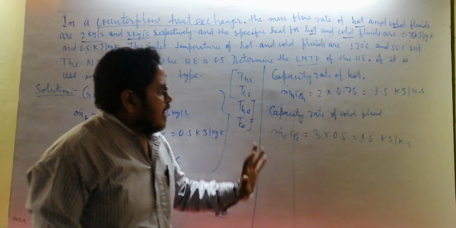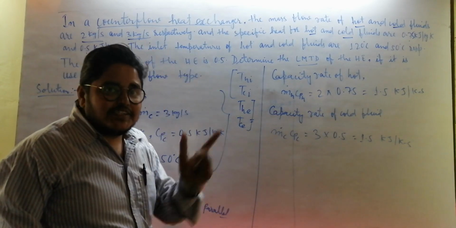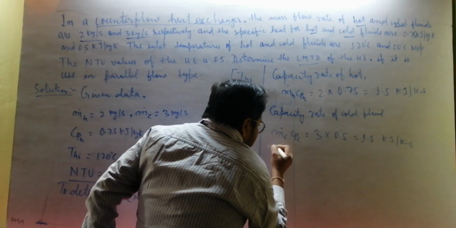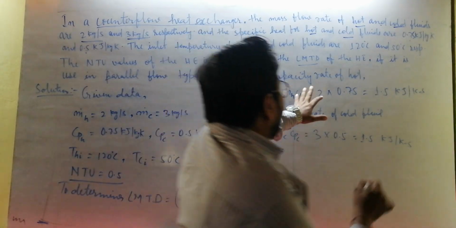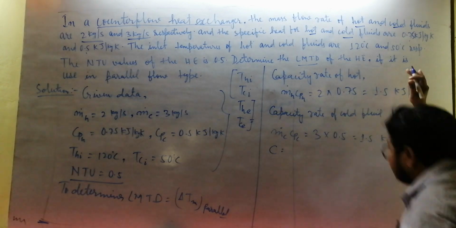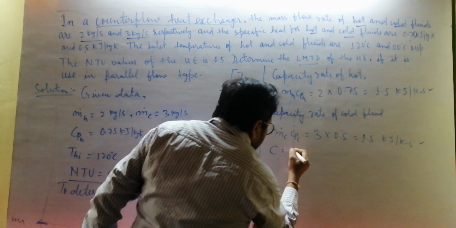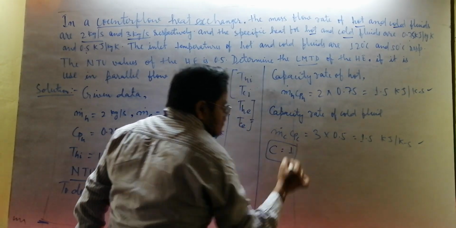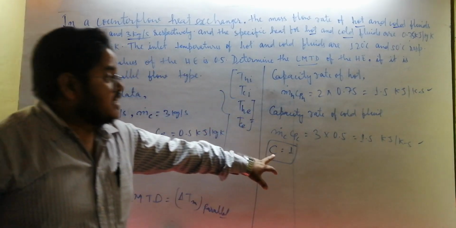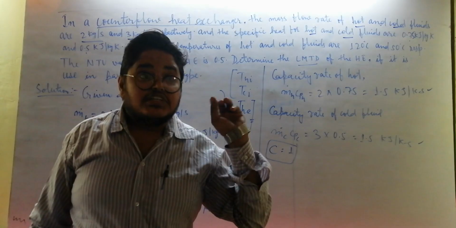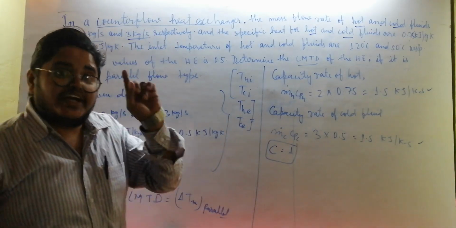Here I have to find the capacity rate ratio, that is C. Here both the capacities are the same, so C equals 1. If C equals 1, this is a special case of the heat exchanger.